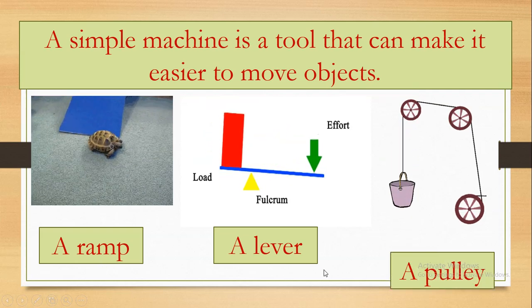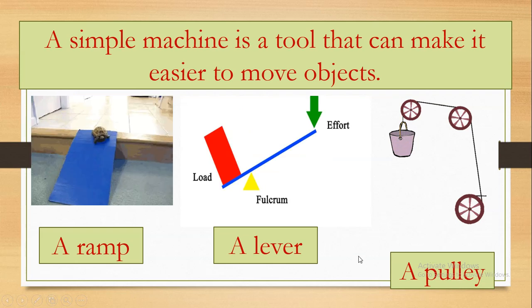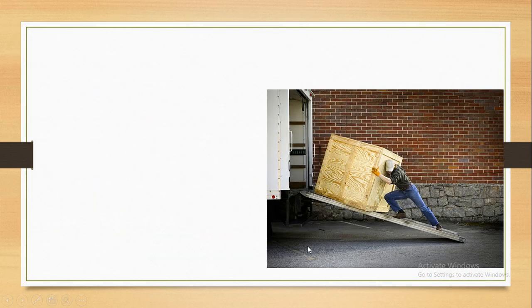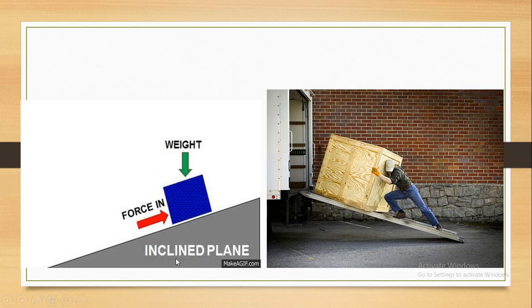Ramps, levers, and pulleys. Let's start with ramps. We can also call it an inclined plane. Now, this man is pushing this box on the ramp, or on the inclined plane, from down here to up there, right? So from one level to another.